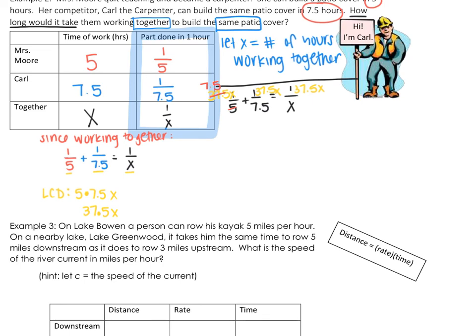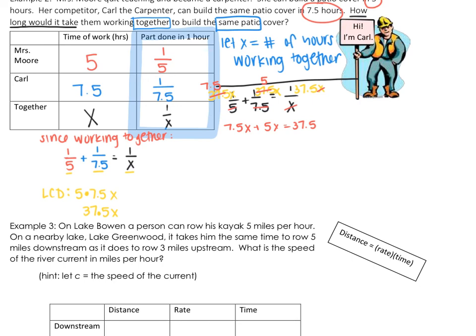The next one, 37.5 divided by 7.5, cancels and gives me 5. And then the last one, my x cancels. So what I have left over is 7.5x plus 5x equals 37.5.